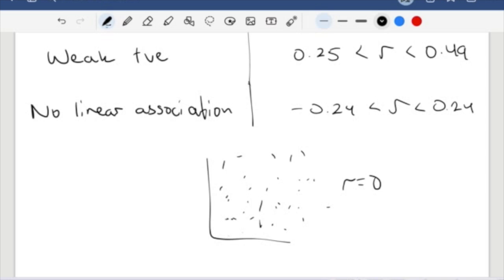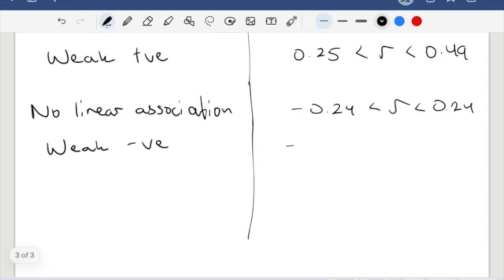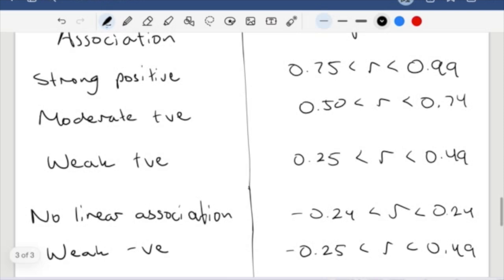Now, as our association gets really weak, in between these ranges of R values that I've written here, between negative 0.24 and positive 0.24, we're going to categorize all of that as no linear association. And the same thing kind of happens when we look at negative numbers. I won't write all of them, but our weak negative is going to be between negative 0.25 and negative 0.49, and the others are just going to continue that, mirroring these ones up here, but just in the negative direction again.